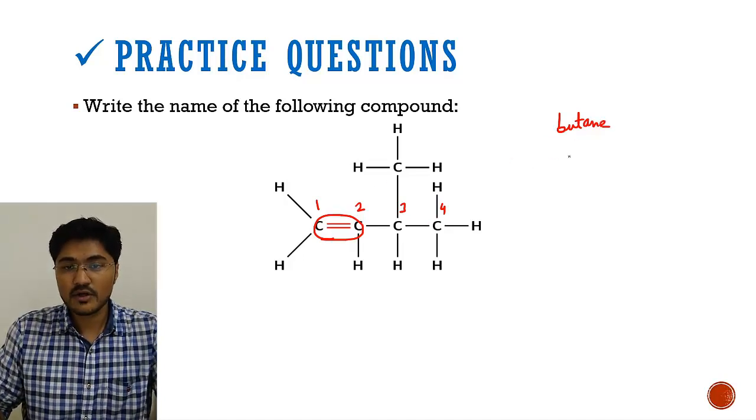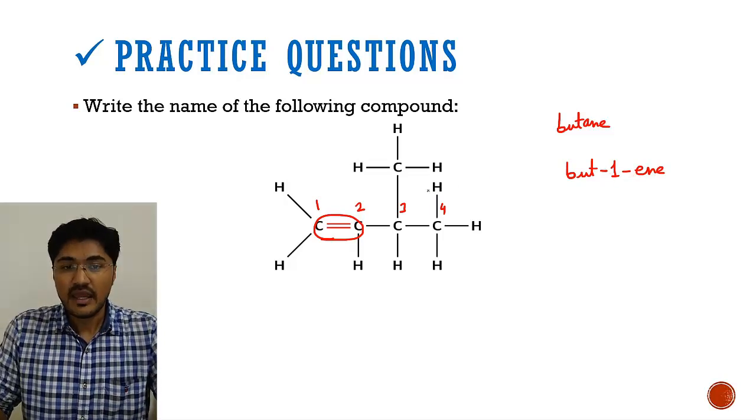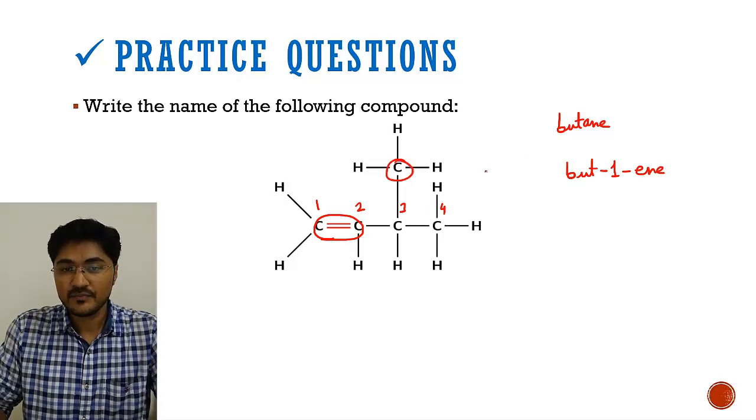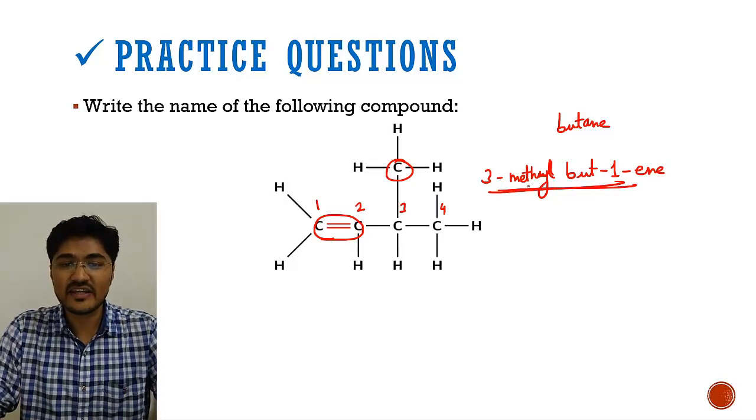It is a double bond, so but-1-ene. Ene is the suffix for double bond, that is alkene, and we have a carbon attached to the third carbon, that then becomes 3-methylbut-1-ene is the final answer.